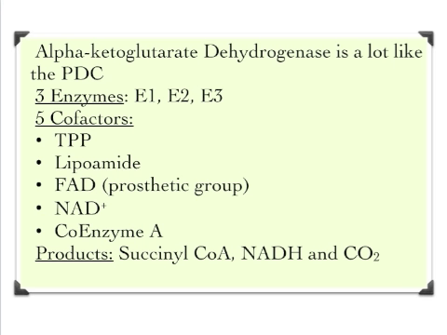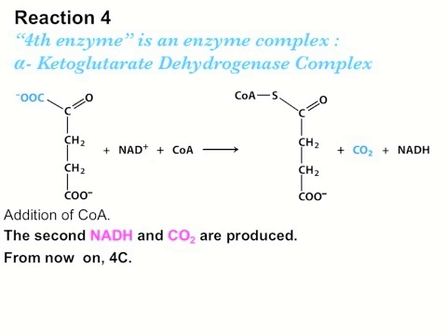Together, these three enzymes make up the alpha-ketoglutarate dehydrogenase complex, and it acts in much the same way as pyruvate dehydrogenase acts. We're going to add coenzyme A, and we're going to liberate carbon dioxide and yield a reducing equivalent, NADH. This reaction is driven forward through the loss of carbon dioxide.